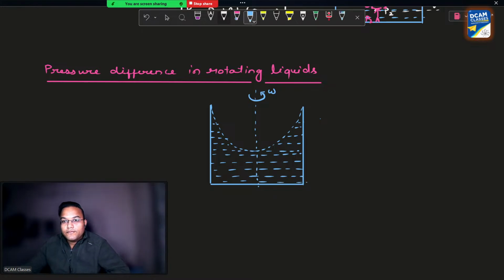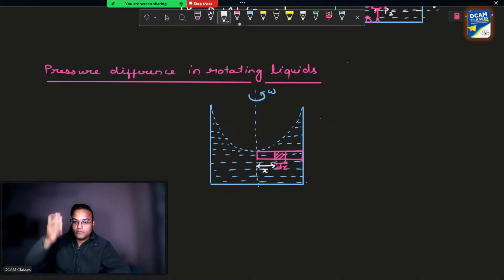Now see, for finding it, what we'll do, we'll take a section of water, a small section of length dx here, which is at a distance of x from the middle line, from the center of this container.